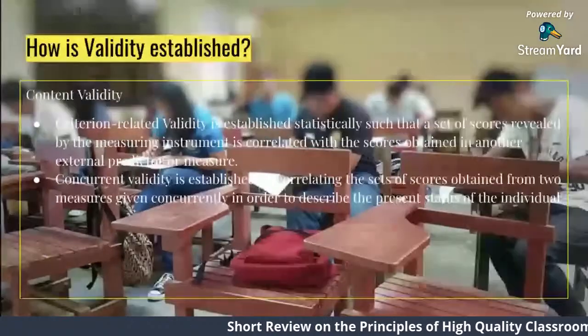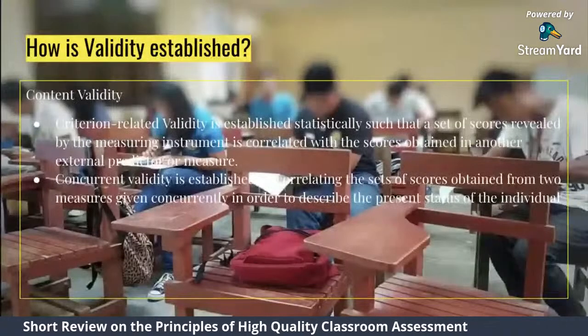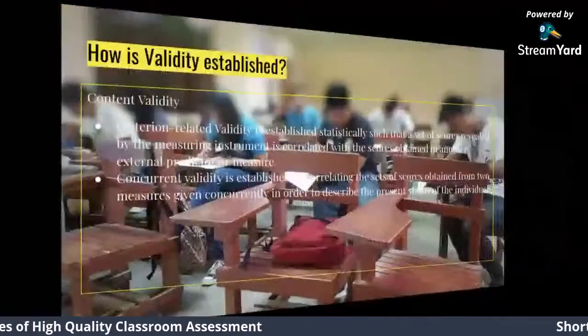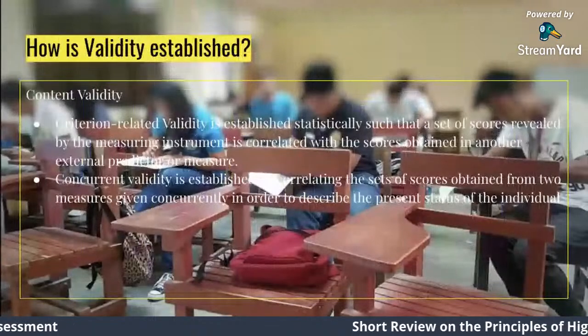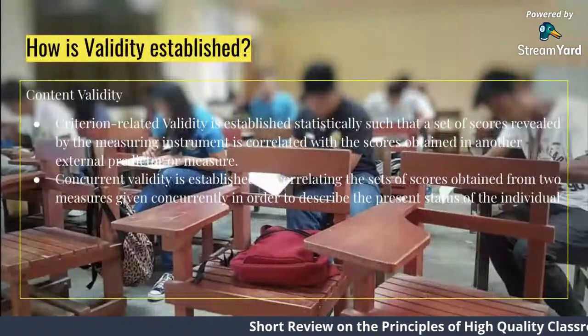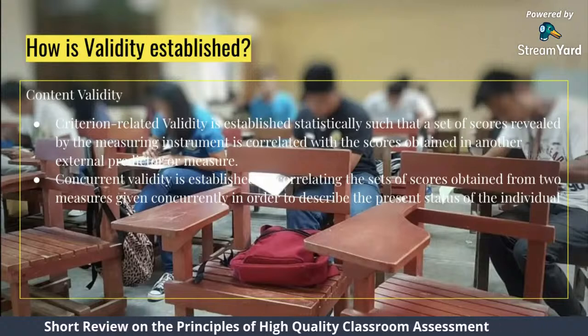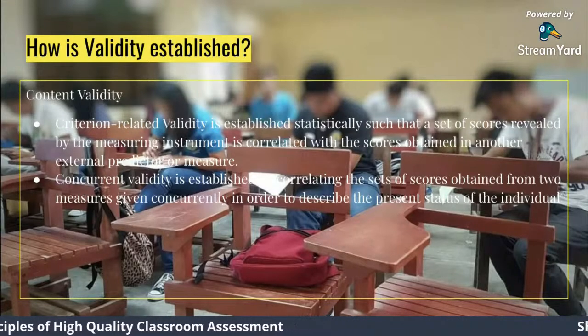We have criterion. I think we discussed this already or not yet. Okay, so we have criterion related validity. It is established statistically such that a set of scores revealed by a measuring instrument is correlated with the scores obtained in another external predictive measure.